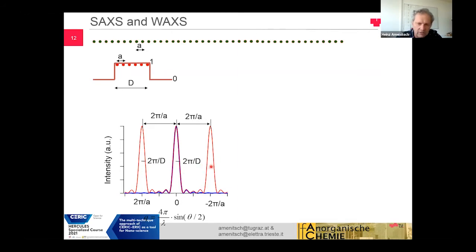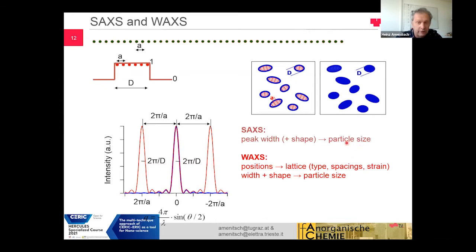What is now important is that if you have an amorphous structure, you only measure the small angle X-ray scattering signal. If you have a crystalline core, you measure also the wide angle X-ray scattering signal. But in both cases, you have a broadening of the reflection.